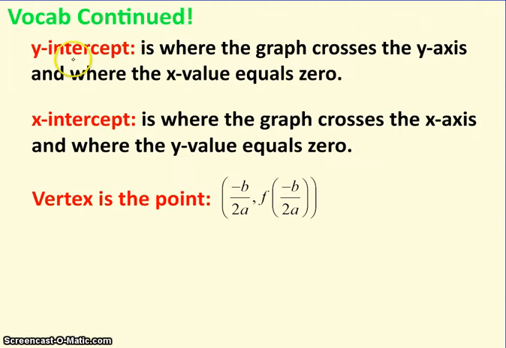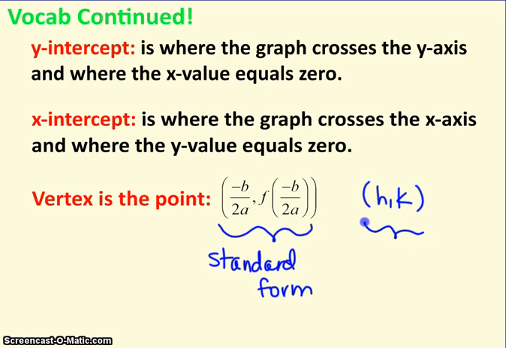So the y-intercept is where it crosses the y-axis. And the x-intercept is where it crosses the x-axis. Now the vertex, notice this formula is different than the h comma k we are used to. This is because you will use this only when the quadratic is in standard form.